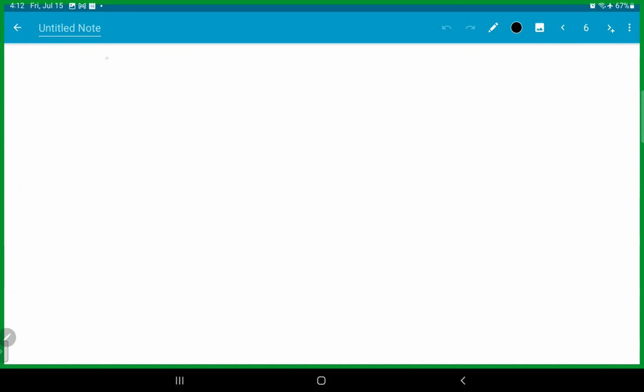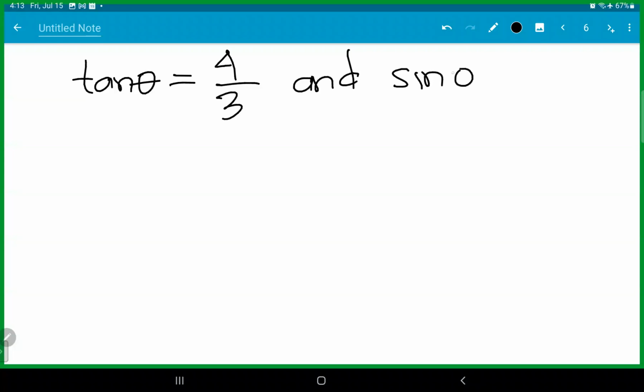Usually 3, 4, 5. 5, 12, 13. Anyway, 3, 4, 5. So suppose you're given, say, tangent of theta equals 4 over 3. And say sine theta is negative. So you are going to find the other trigonometric functions.